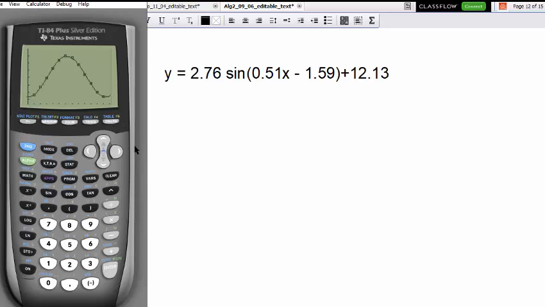Now, it is possible that I might want to find out what the equation is going to tell me for some specific time, and I can actually hit trace. Notice on trace, the very top here says I'm currently in the plot, and if I arrow up or down, now it says y1, and it looks hideous, but it follows our equation. And I'm on the curve, and you can see it follow the curve.